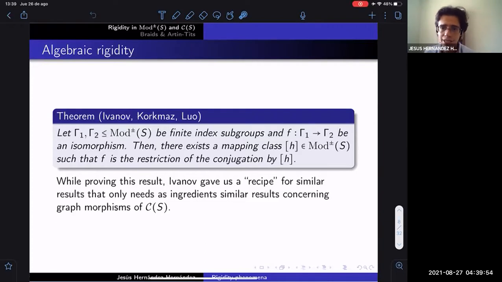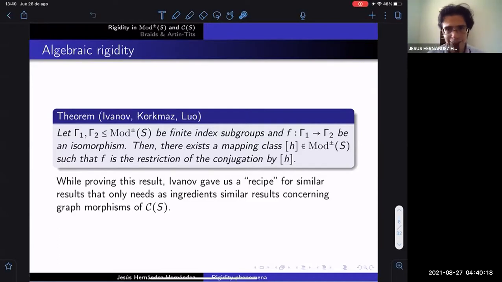Following this analogy, lattices in these Lie groups correspond to finite index subgroups, and the curve graph corresponds to Tits buildings. And it's a well-known result that the automorphisms of the Tits buildings correspond to automorphisms of the groups.